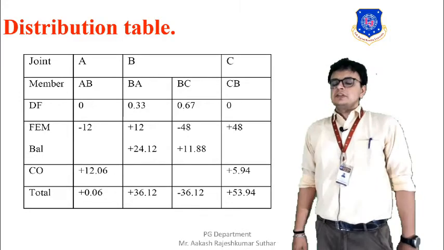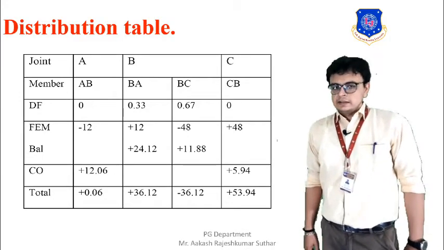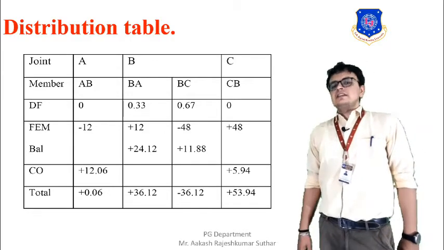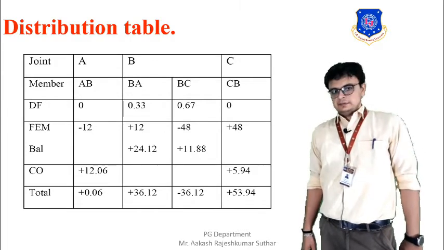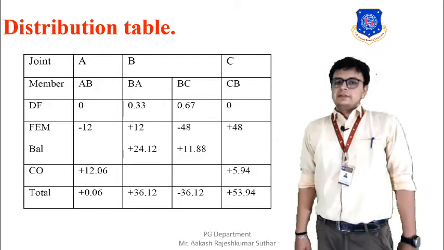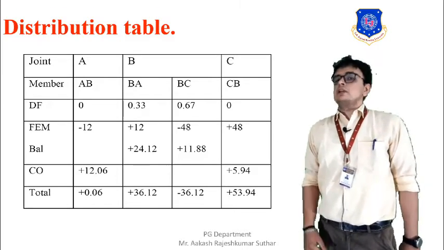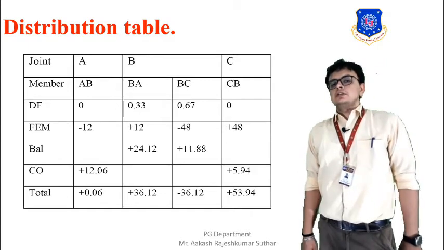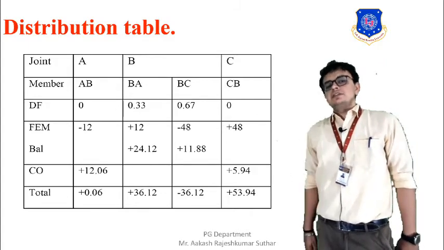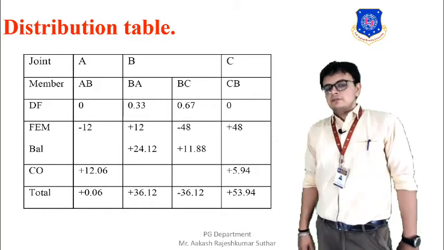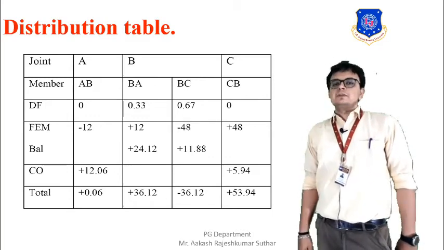In the previous session, we discussed the stiffness factors and the distribution factors. We have discussed all the things that are required for our calculation of the moment distribution table. We found the fixed end moments in the previous session.